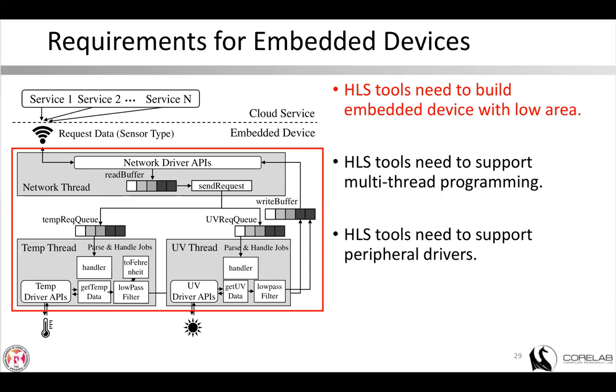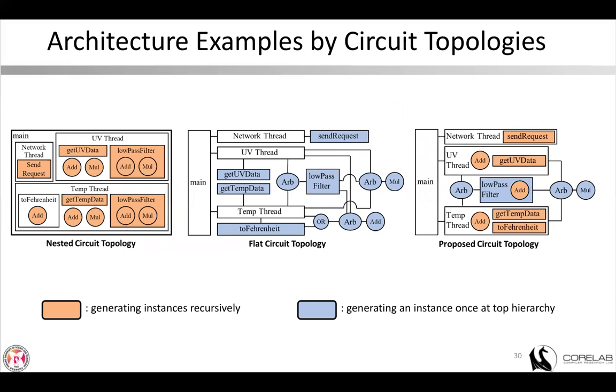And Duro proposes a new circuit topology to further reduce the area required for processing. This architecture example is a design for wearable devices. When using nested topology, a lot of redundant resources are generated and they occupy an area.